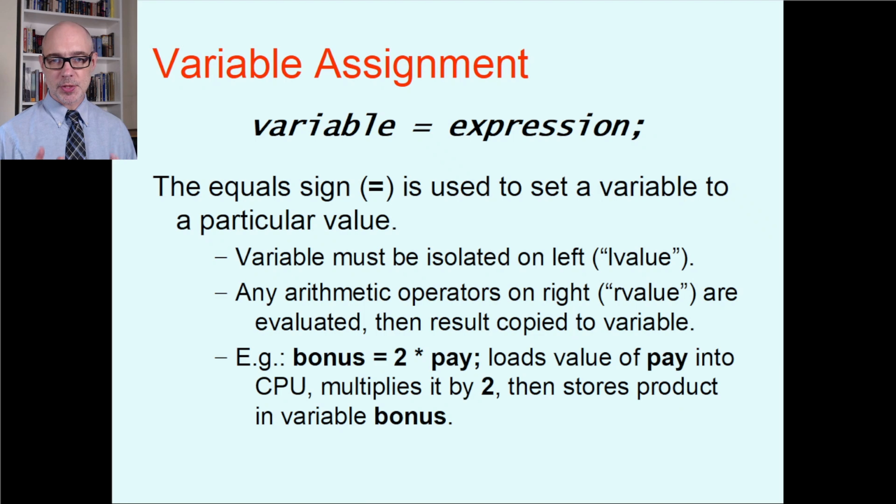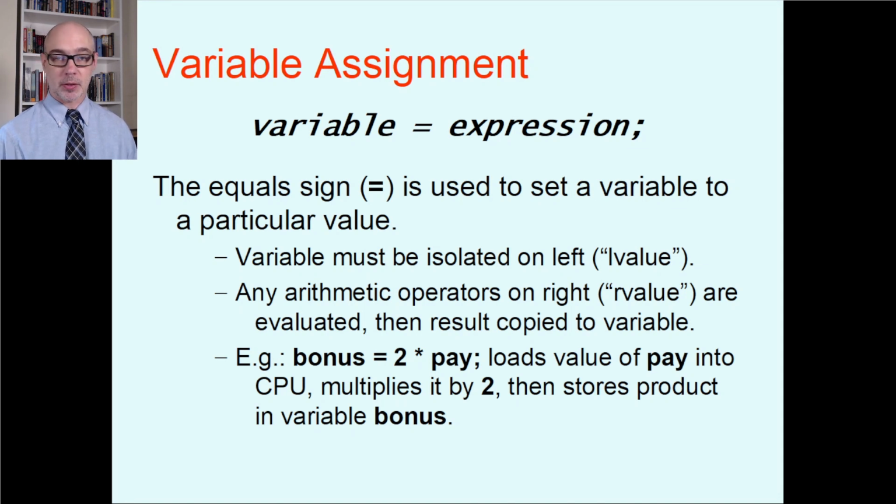So you've got to use this particular format. You can't swap the two sides. You're going to have one variable that's going to be isolated all by itself on the left. And the technical name for that is the L value, the left-hand value, obviously. Now, on the right, that expression could be a single number. It could be an expression with mathematical operators involved, like plus, minus, times, divide, right?